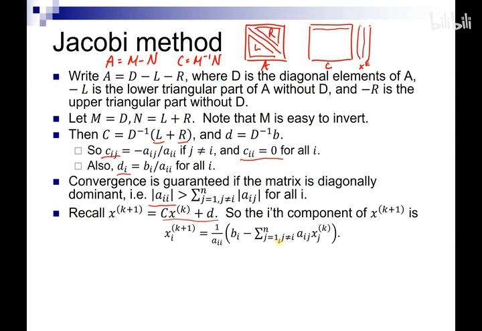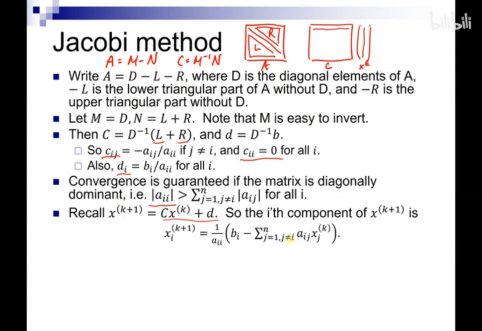In general, if you're in the ith row, these formulas tell you exactly what values are in the ith row of C. When you do this multiplication, this part over here is going to be equal to C times x of k, and this part over here, divided by the Aii, is going to be equal to the ith component of D. Therefore, the ith component of x of k plus 1 is going to be equal to this.